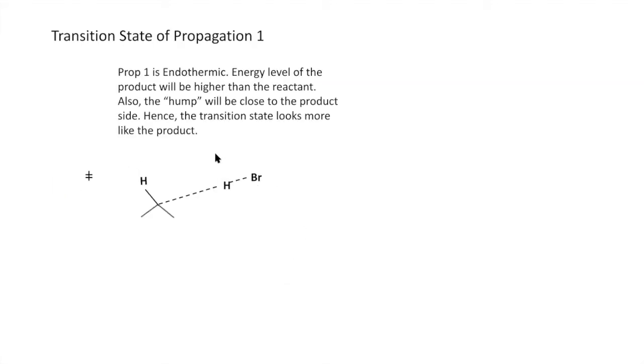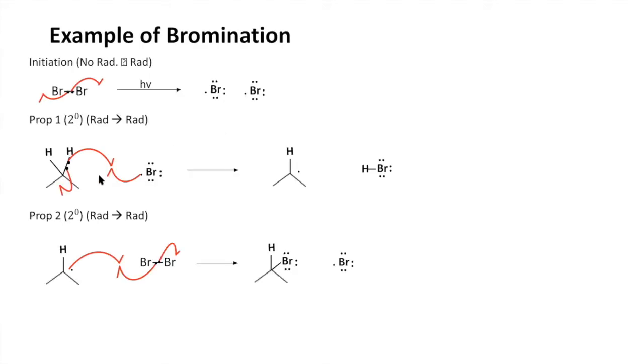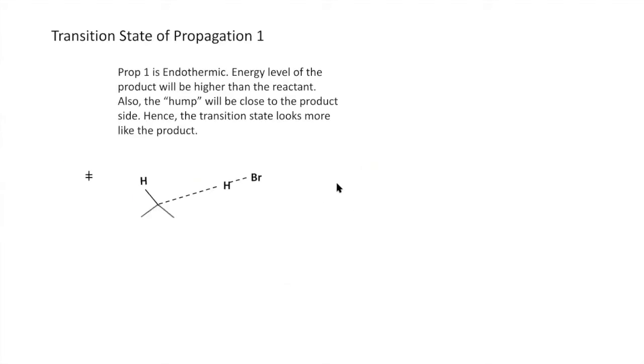This step is endothermic, so it's going to look more like the reactants. So let me make sure this makes sense. It's endothermic, so it looks more like the products. Sorry about that. It looks more like the products. So it's going to have this bond almost fully formed, the HBr, and then the carbon-hydrogen almost completely broken. Did you see how we draw that C-H bond long?